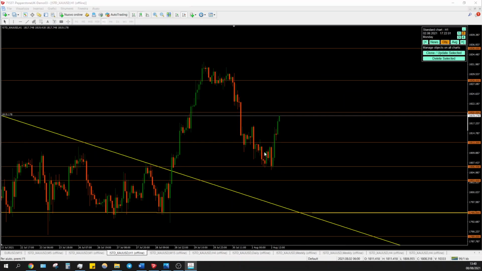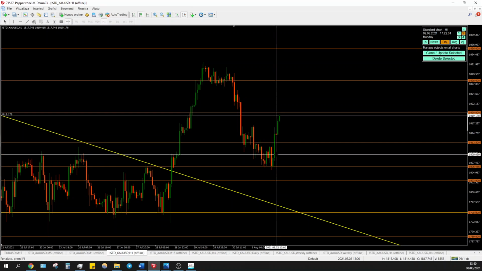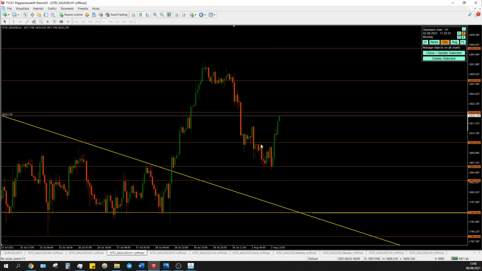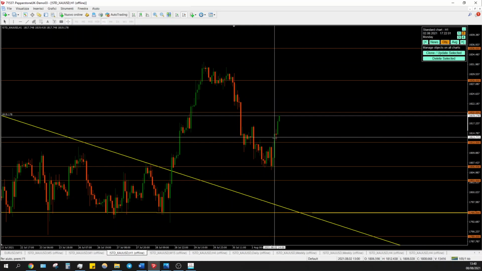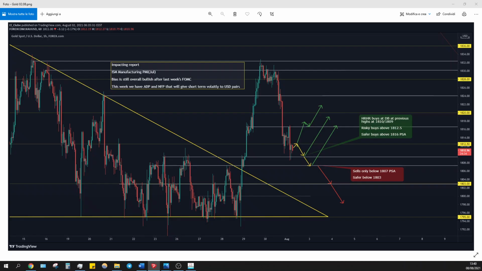We see a nice push during New York, pullback, retest of the key level, and continuation up. And I think that's what we were looking for. We were going to spot some double bottom and rejection at the previous highs, which I mean here 1809, 1810, or maybe even close at 1807.